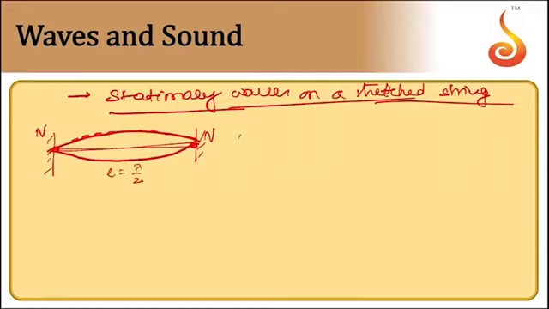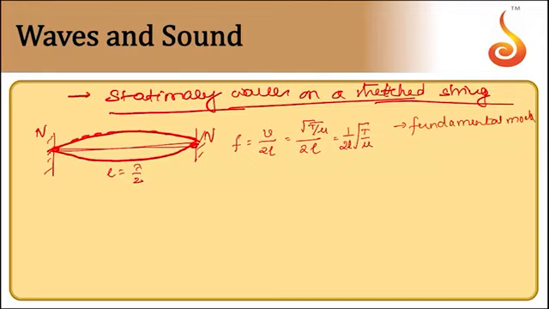And this frequency is V divided by 2L. V, you know, is given by square root of T divided by mu, so the frequency is 1 by 2L square root of T divided by mu. And this is what is called the fundamental mode or first harmonic.